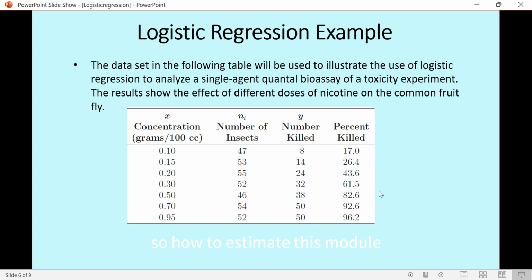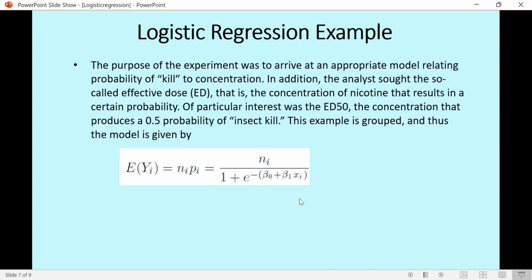So how do we estimate this model? We write np, because the binomial distribution actually comes from the Bernoulli process.